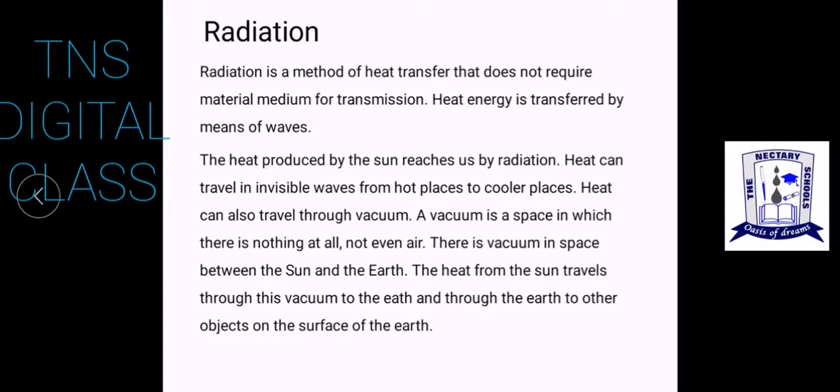In convection, there is a contact between the heat source and the bottom of the pot before the heat is transferred. In radiation, there is no necessity for a material medium before heat can be transferred. So heat energy is transferred by means of waves.